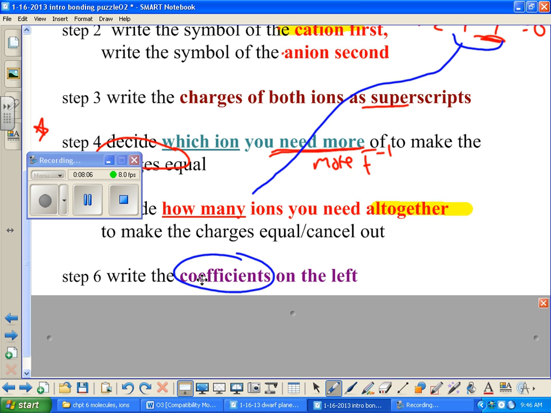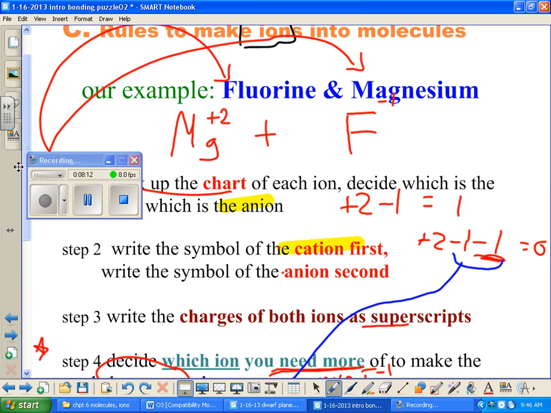So we have superscripts up above, subscripts down below, and coefficients in front. All right, write the coefficients to the left. What's that mean to us? You have decided we need 2 of these, don't we, all together? So I write a big 2 right there. That's called a coefficient. So that means I have 2 F minus 1s to start with.